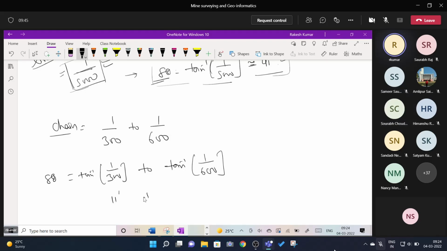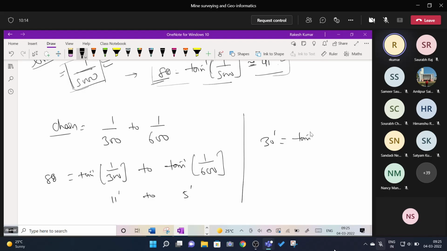Or here, the 5 minutes 43 seconds. 5 minute 43 seconds. When it will come around 30 minute, it means I want this delta theta 30 minute.